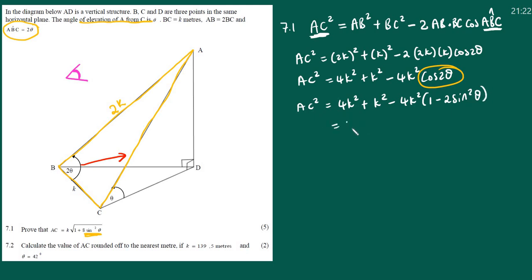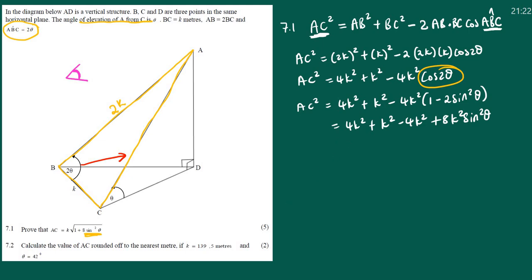When you multiply this and that, and then this and this, it should give you 8k squared sine squared theta.